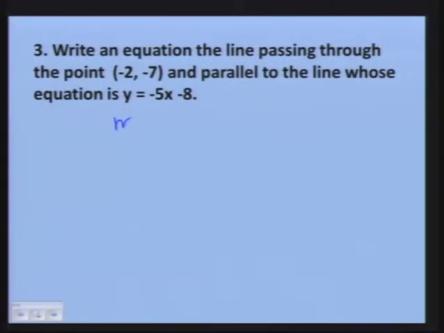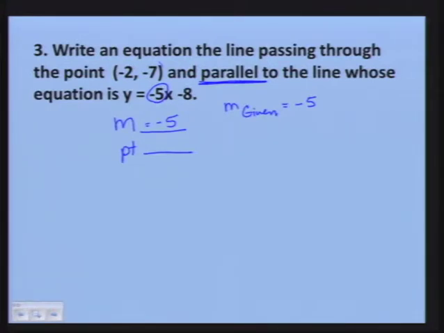To write the equation, we want a slope and we want a point. If I look at the given line, I notice that the slope for the given line equals -5. Since it is parallel to the new line, the slope of the new line is also going to be -5 because parallel lines have the same slope.